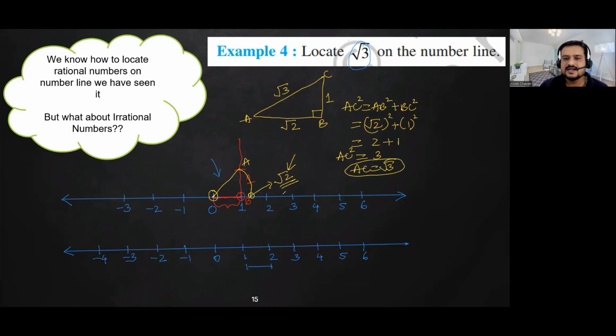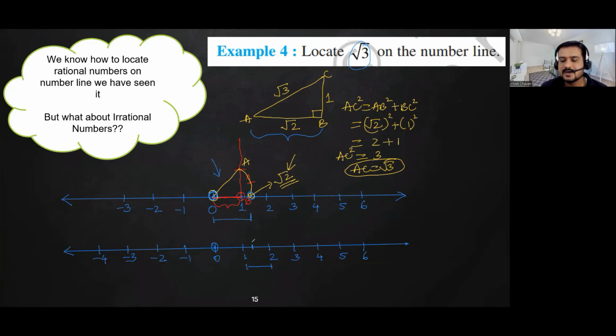Now see, what is the base? Base is equal to under root 2. So from where are you going to take the distance under root 2? From here. You will keep the pointer at this point in your rounder, take this much distance, place the pointer at 0 here and mark that distance here.